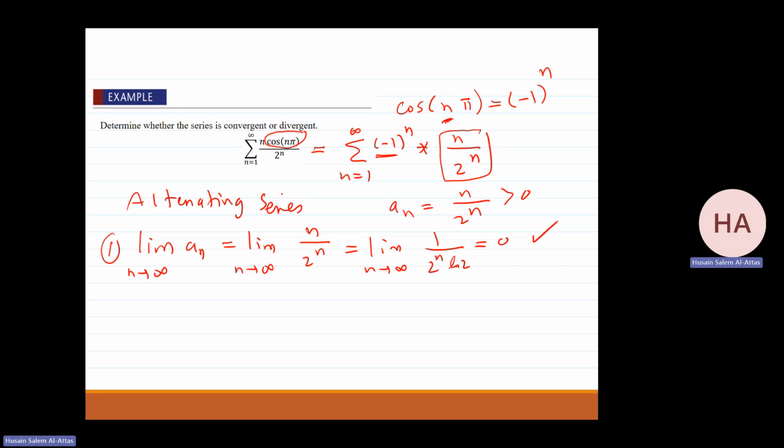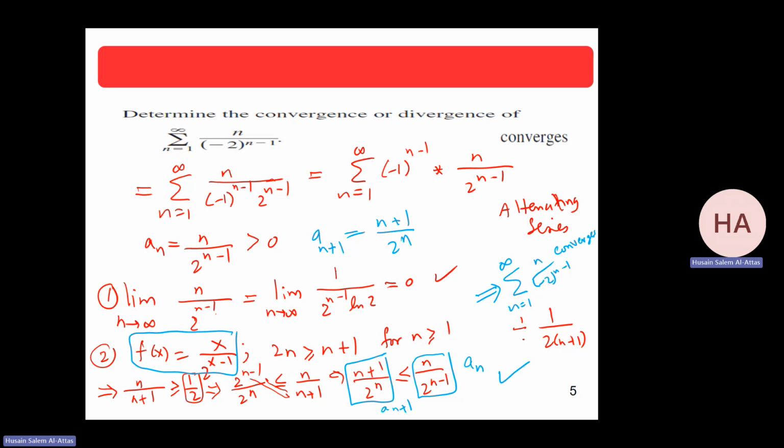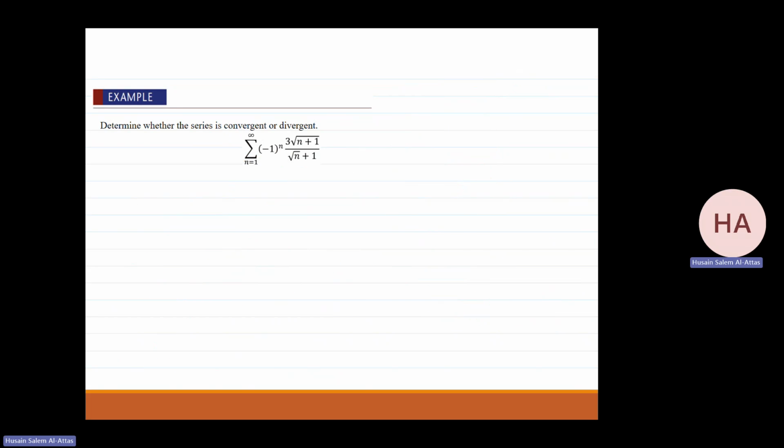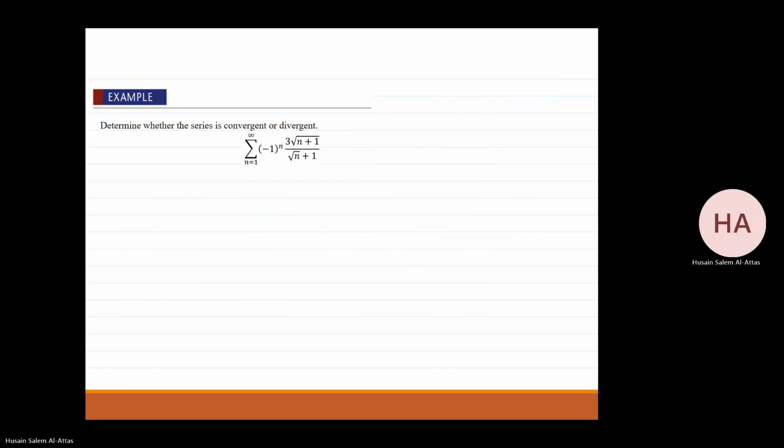Now we'll go to the second one, which is somehow similar to this one. But let me do it the other way, using the function. I have f of x equal x over 2 to the power x. I need to find f prime.